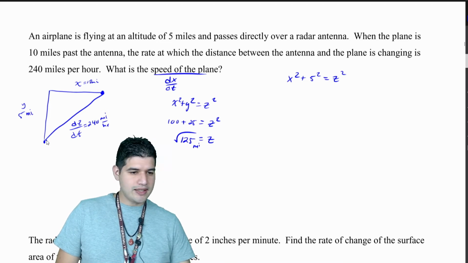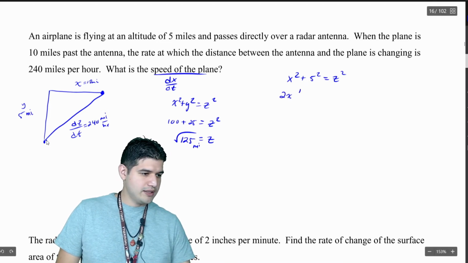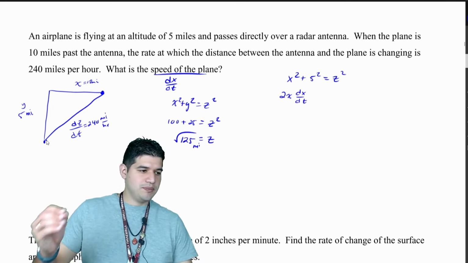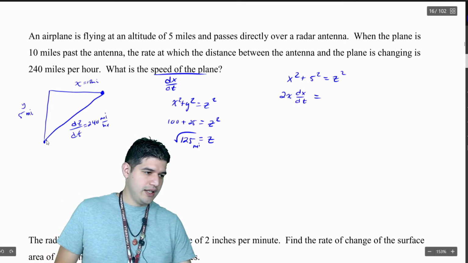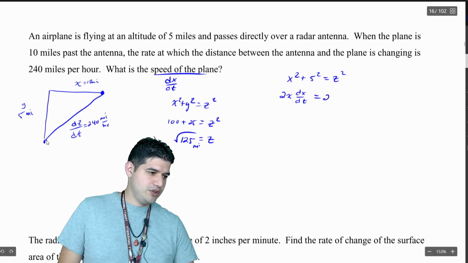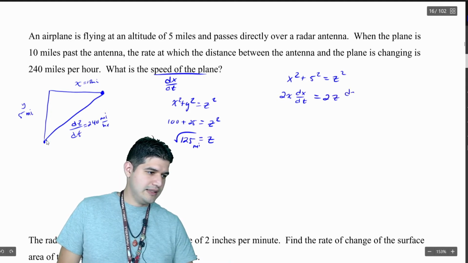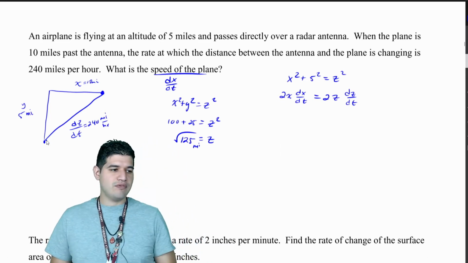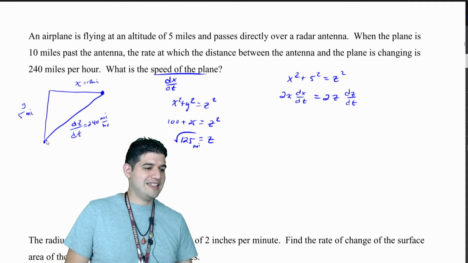So x squared, that's going to be 2x dx/dt. And then 5 squared, that's going to be 0, so plus 0, equals z squared, so that's going to be 2z dz/dt. All right, and we have found everything in order to figure out dx/dt.